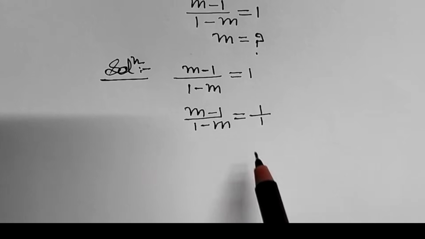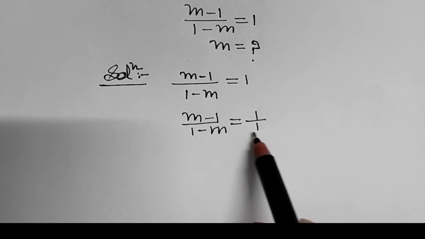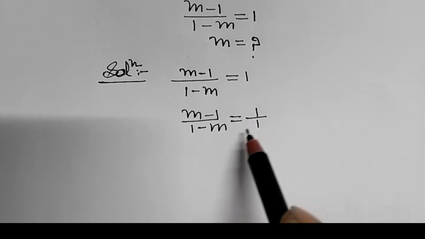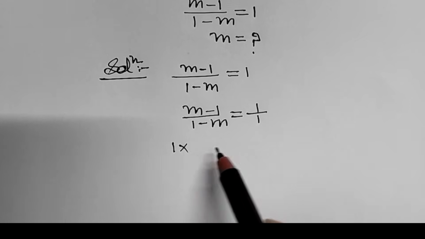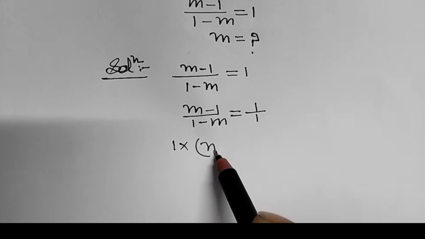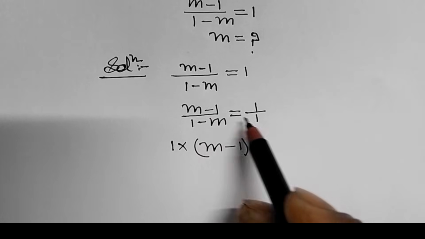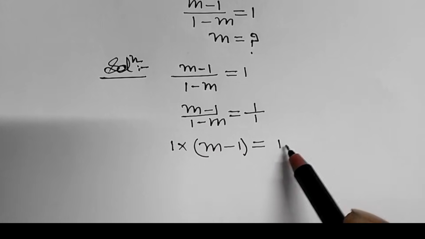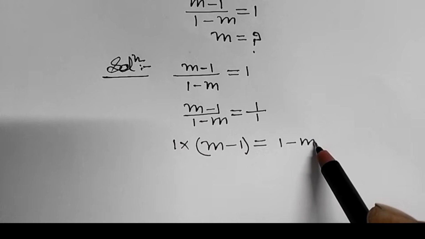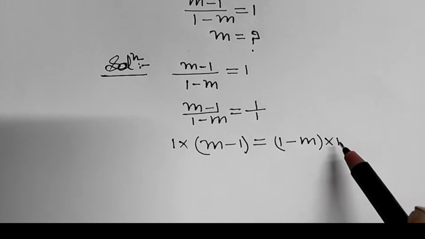Now we will have to apply the rules of cross multiplication. Therefore, 1 times (m minus 1), multiplying m minus 1 by 1, equal to (1 minus m) times 1.